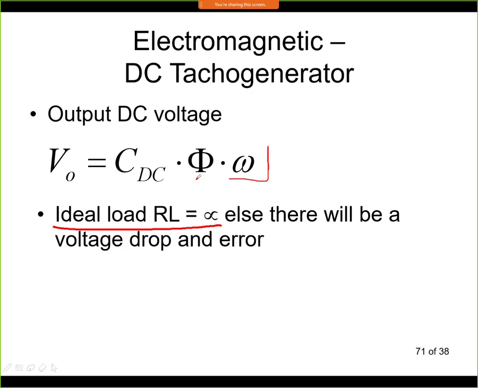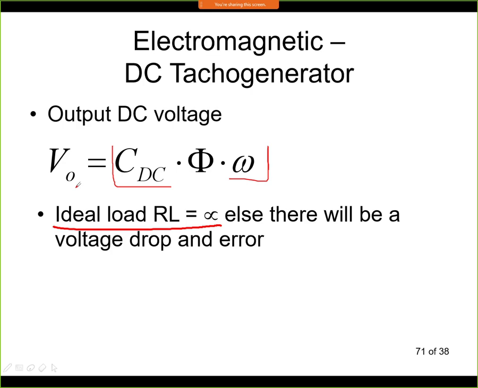And then it's a function of how the machine is made, so it's a function of construction, and this is hidden in this constant. It's a constant value; we're not changing the construction during operation. So we can see that this will give us a linear dependence. The input will be angular speed, and the output will be voltage. And the constant of proportionality will be the construction and the magnetic flux.